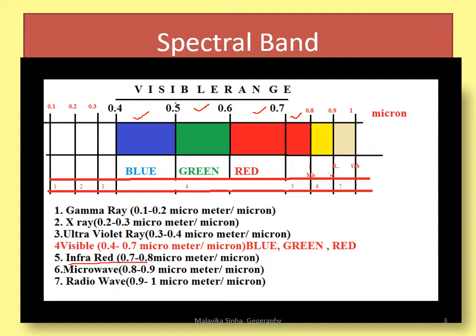We are all familiar that an artificial satellite, whether polar orbit or geostationary, always contains several spectral bands, and in most cases these bands include the visible band RGB and the infrared.